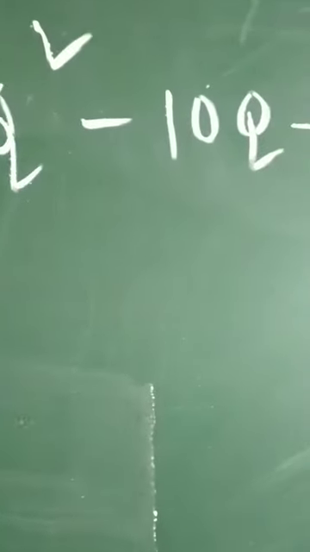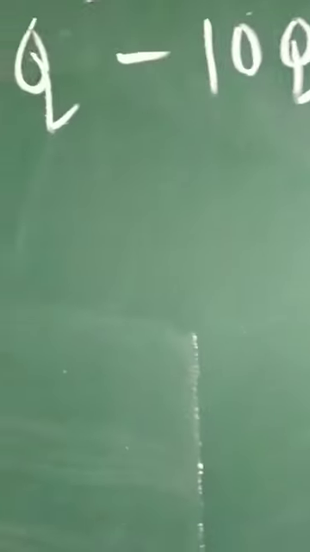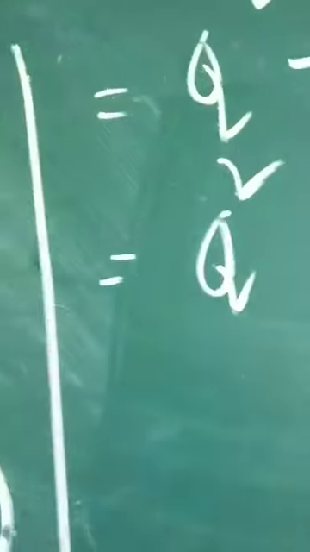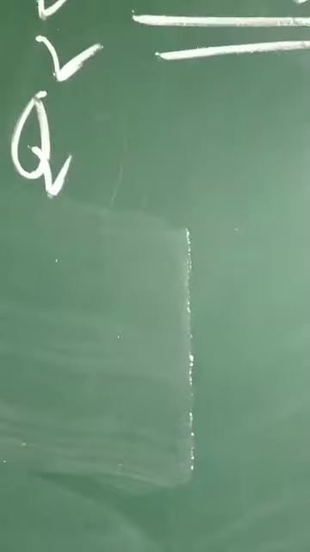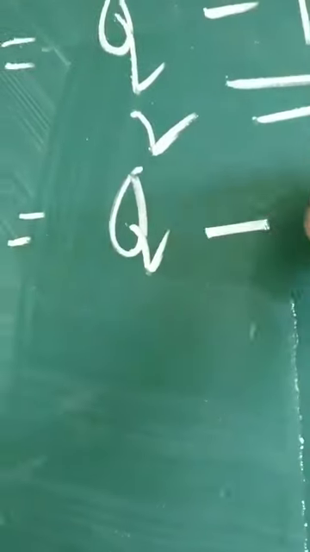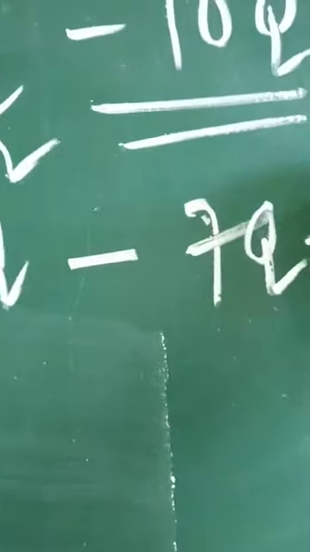The next one is q square minus 10q plus 21. Let us check it out. Q square minus 10q plus 21. Let this q square be as it is. Minus 10q. I want to take it as minus 7q minus 3q.